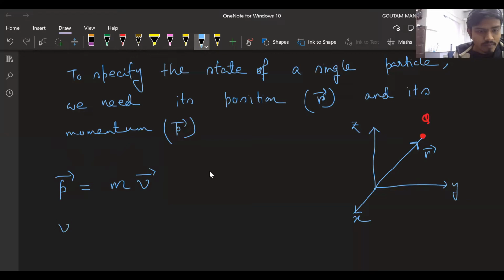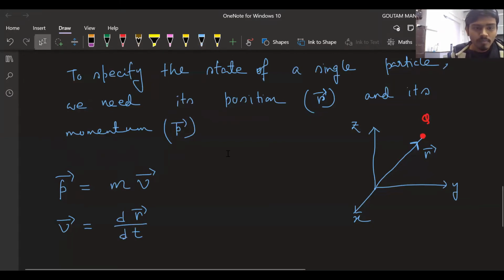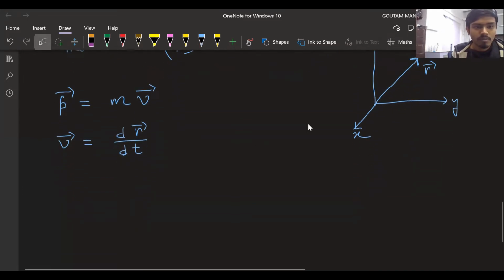Velocity means how fast the particle is moving, that is the rate of change of its position with respect to time. So to find the rate of change, we just differentiate the position with respect to time, that is dr/dt. So our momentum will be m dr/dt.